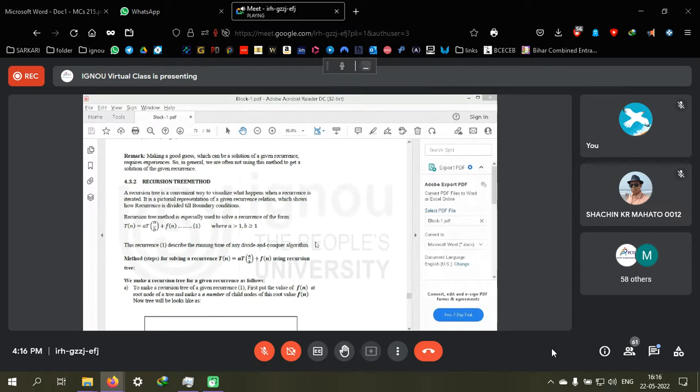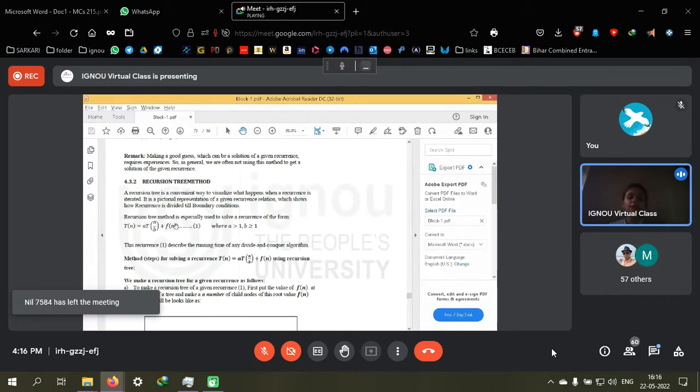So first, we all know that here is a recurrence equation, that is T(n) = aT(n/b) + f(n). Here we know the term a, we also know the term b, and after that f(n). f(n) stands for the function value.